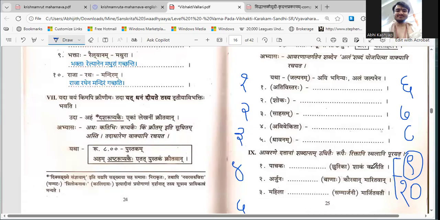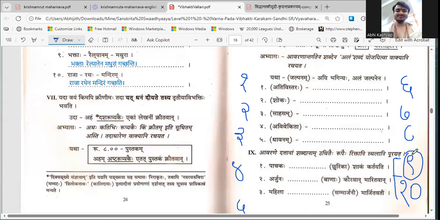Then 50, it is Panchashat. Same for everything else. 51 is going to be Eka Panchashat, Dvi Panchashat, Tri Panchashat, Chatush Panchashat, Panchapanchashat, षट्पञ्चाशत्, Saptapanchashat, Ashtapanchashat.